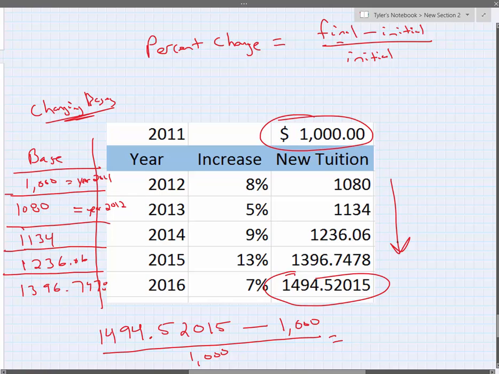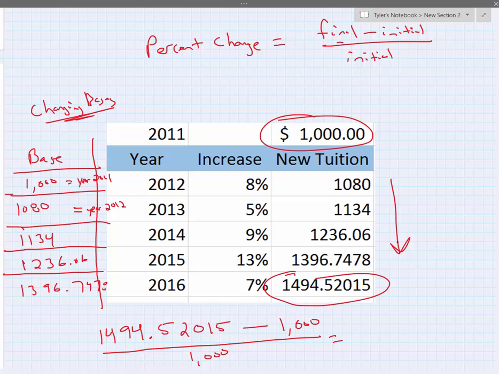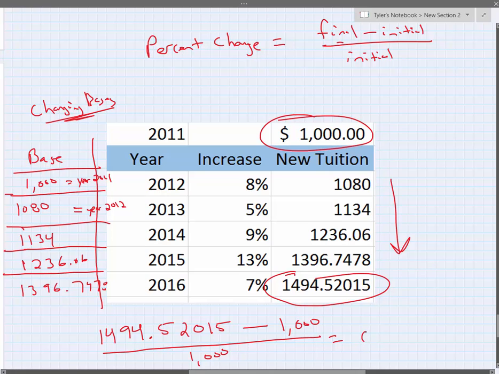So if you plug this in your calculator, you should get 0.4945 roughly. There are some more decimal points here, but we're close enough.